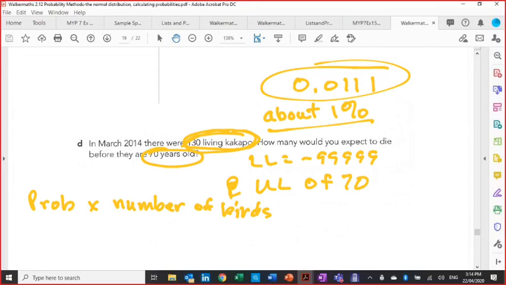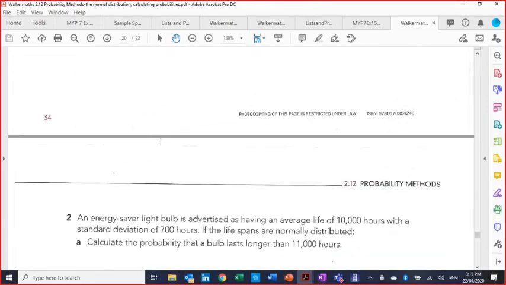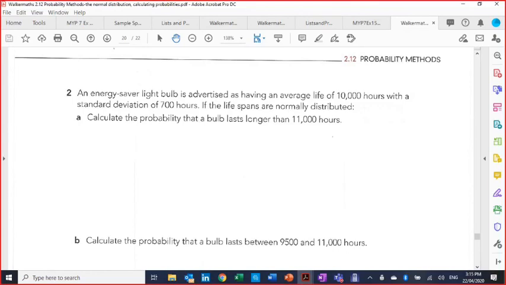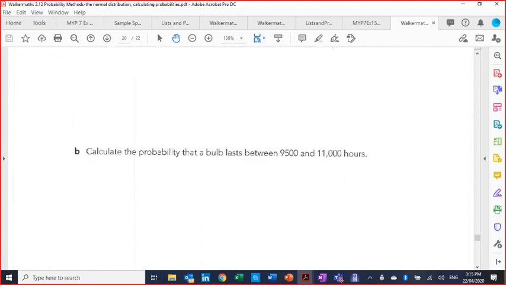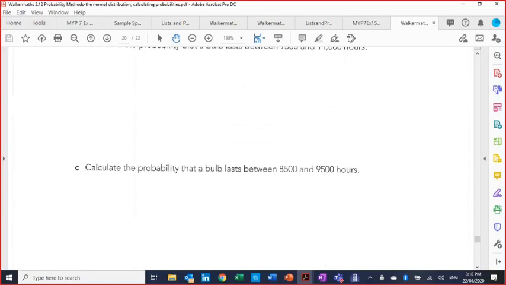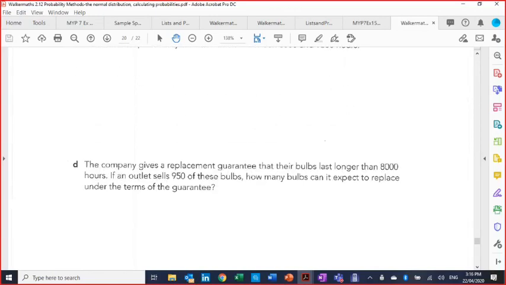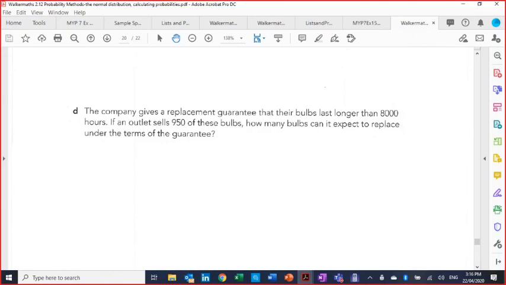Okay, let's see. Energy saver light bulb lasts longer than 11,000 hours. So 11,000 hours is the minimum we want, so that's the lower limit. It doesn't matter that the numbers get big. There are 950 bulbs.